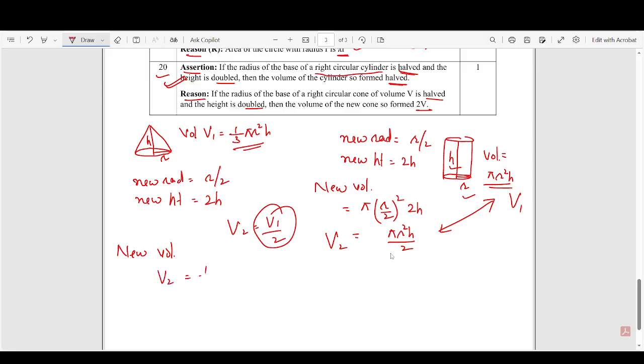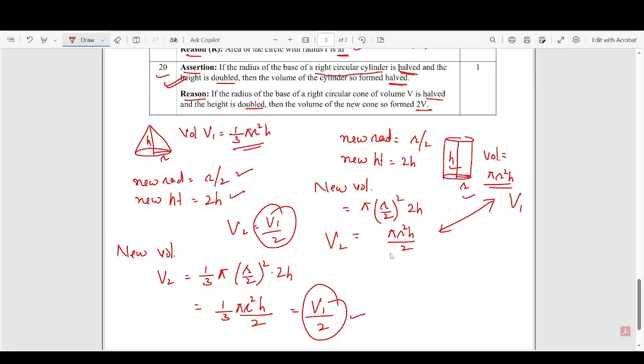Again the formula is the same, 1 upon 3 pi r square, where r means r upon 2 whole square, and h is 2h. If we simplify, we get 1 upon 3 pi r square h divided by 2. That means it is the original volume divided by 2. So in the case of the cone also, if we make the radius half and the height double, the new volume will be half of the original.